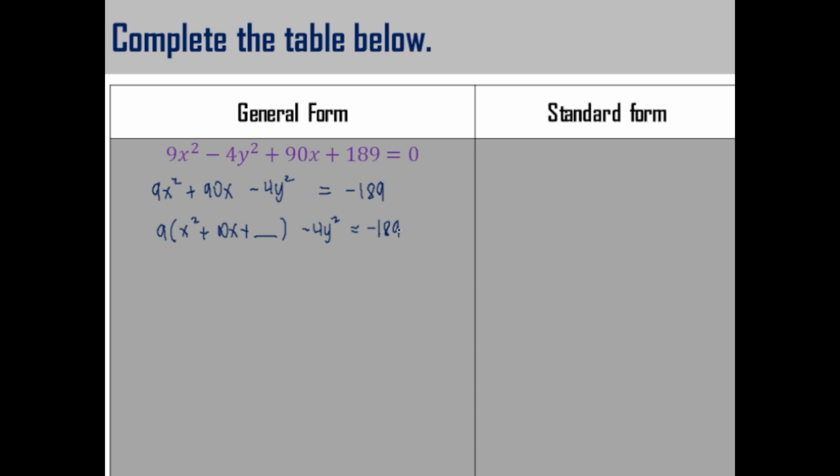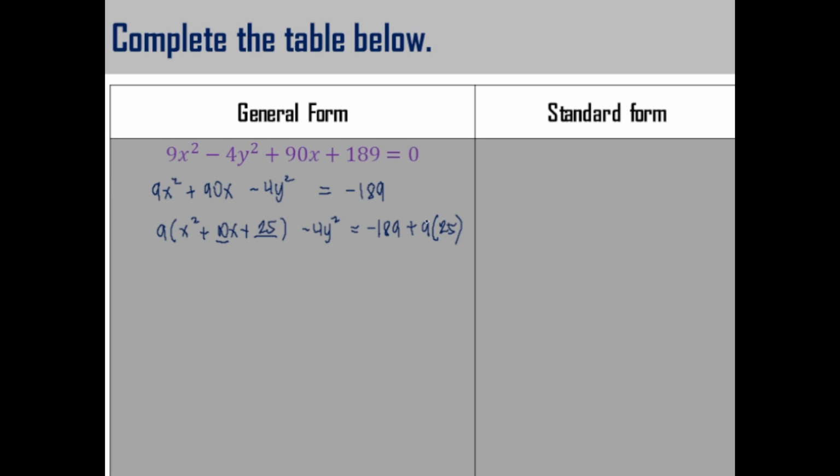Okay. Next, this time, we complete the square. Okay, dito 10. 10 divided by 2, that's 5. 5 square is 25. So, nagdagdag tayo dito sa left side. Magdadagdag tayo dito sa ating right side.